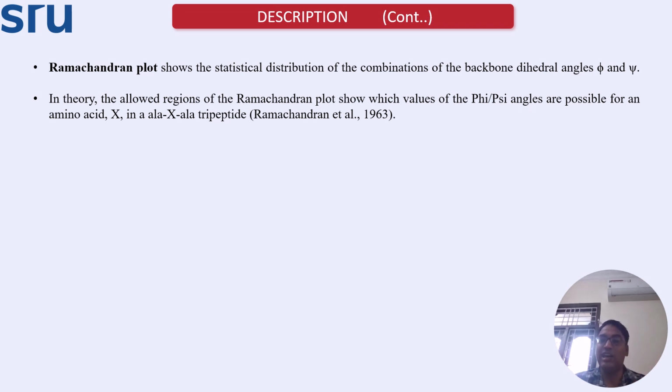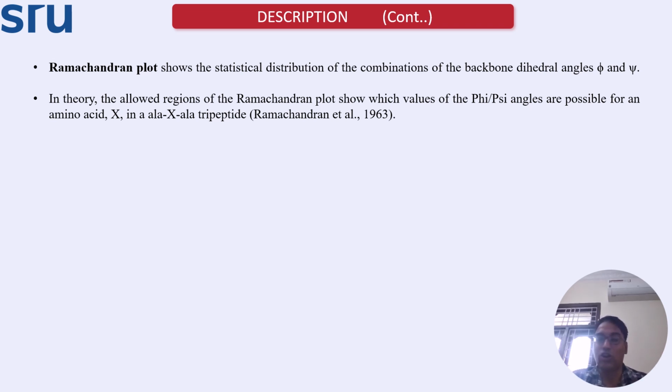So to study that, he was saying that the energetically favorable region is where the X is being placed. That will take up the energetically favorable conformation depending on the phi and psi. So what phi and psi will be taken up by the particular X?